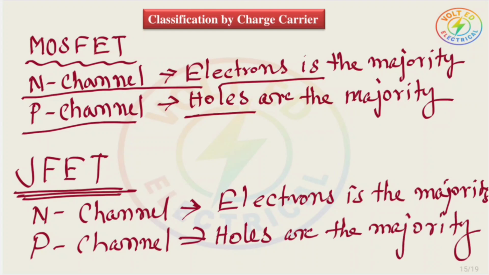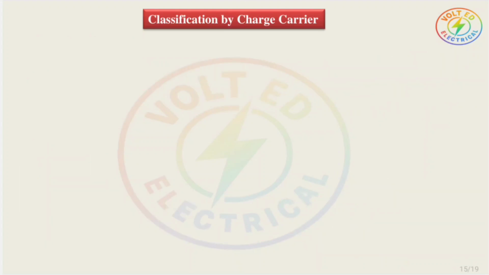So in these also, only one type of charge carrier is responsible for the conduction process. That's why the JFET is also called a unipolar device and a majority carrier device. Okay, let's see the other devices.